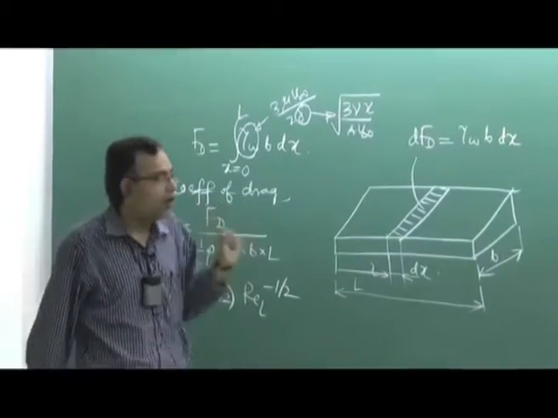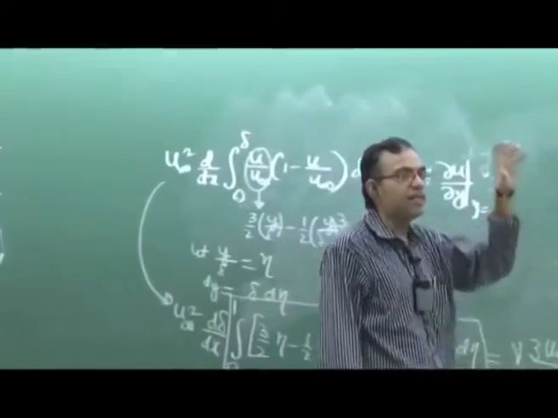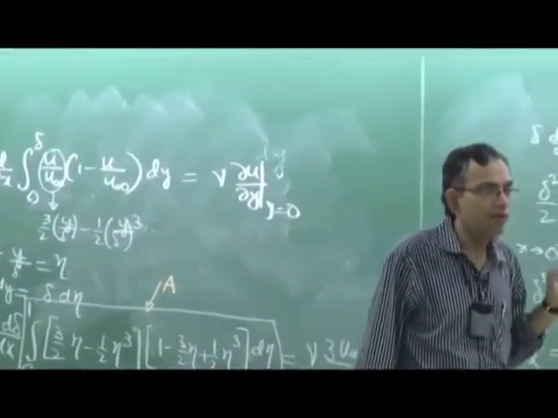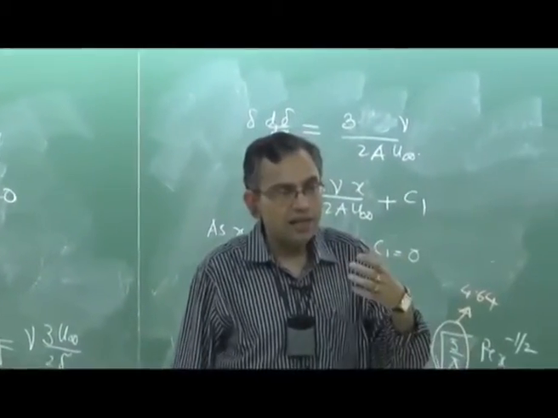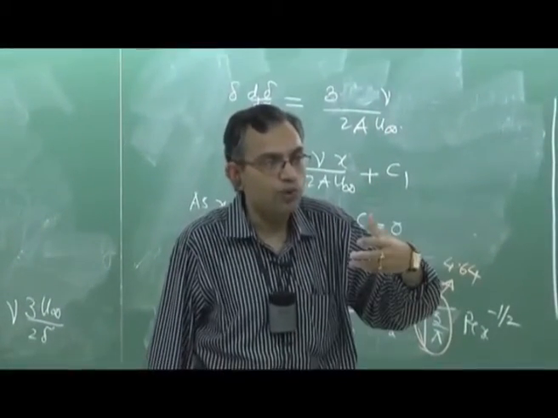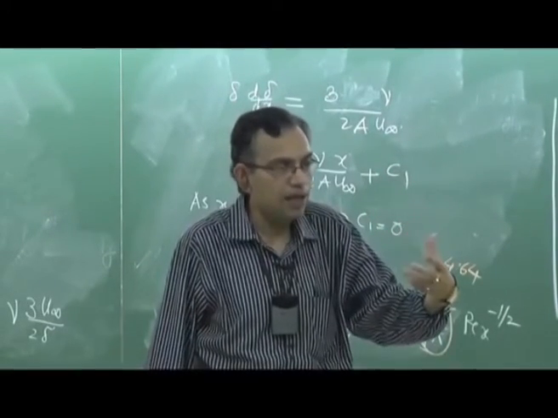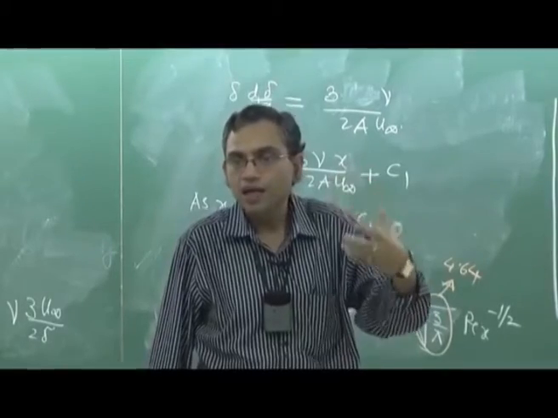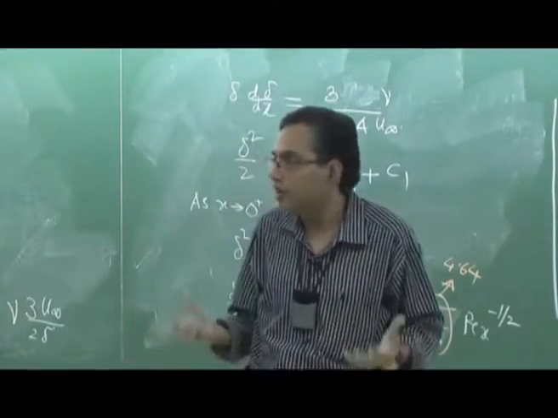So it shows one very interesting thing, that although there is error in the choice of the velocity profile, that error is somehow smoothed out when you calculate the wall shear stress or the drag force non-dimensionally in terms of the drag coefficient. Then that error is not that much.